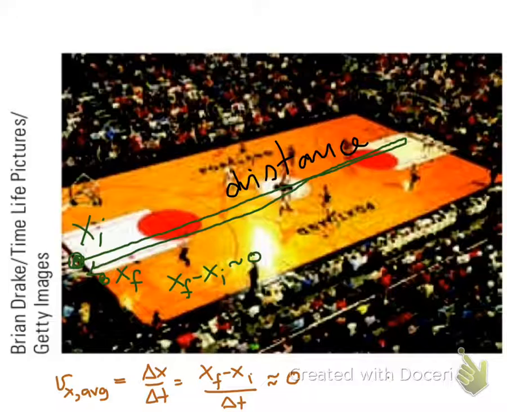But if you want to calculate the average speed, the average speed is d over delta t, which is obviously positive and can have a large value.